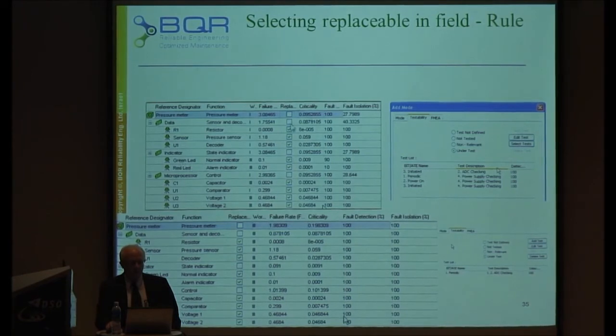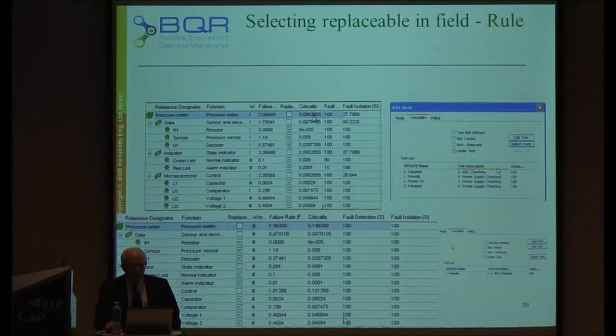You can see in this case that we are replacing the LEDs in the field. No reason to replace the whole assembly if we can just take out the lamp, it's easy. And for those other components, this is the model. And we are calculating, and you see the fault isolation is very poor here.